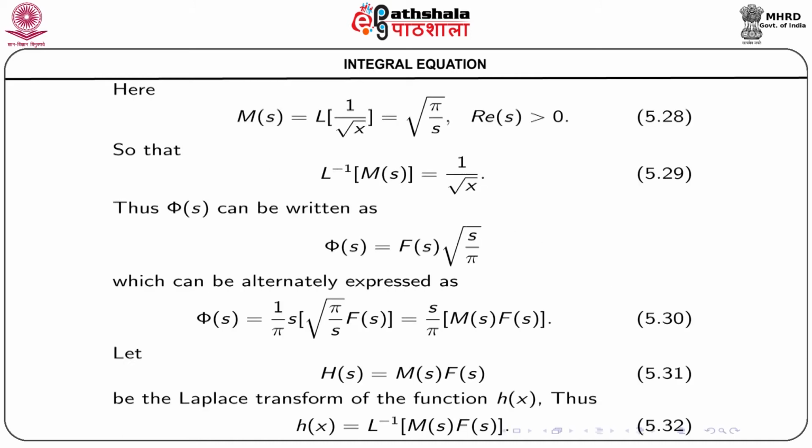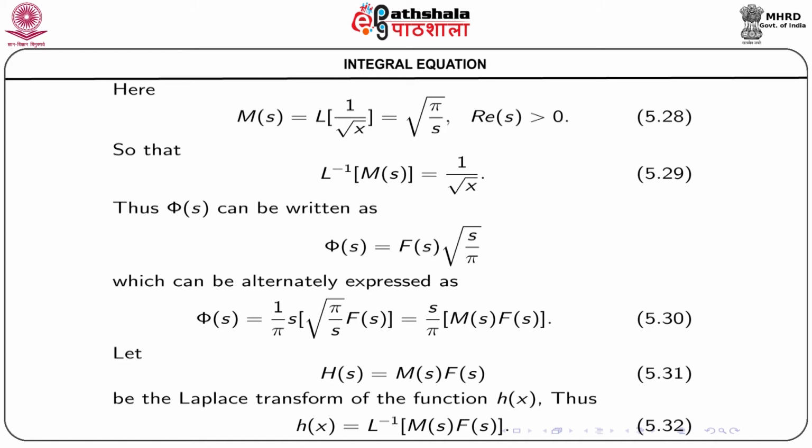Now, this can be simplified. So, capital phi s is given by capital F s into root over s by pi, by substituting the value of M s from 5.28.